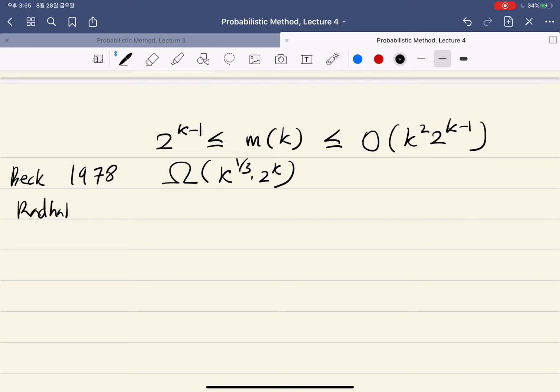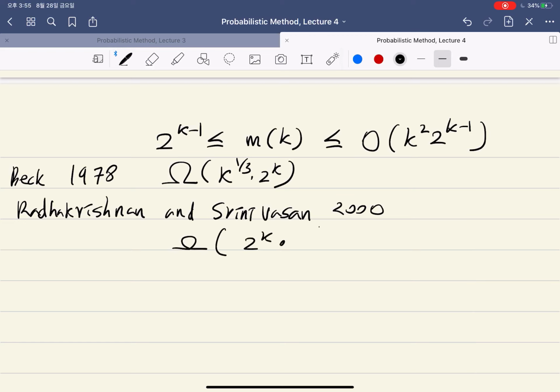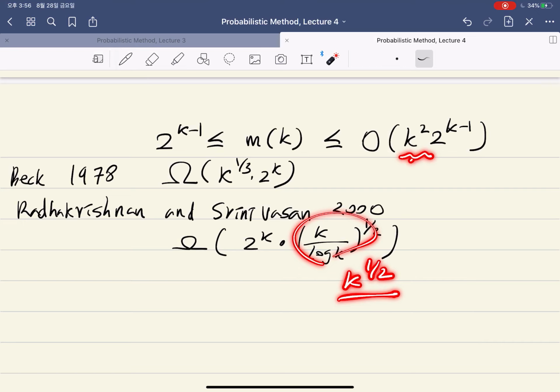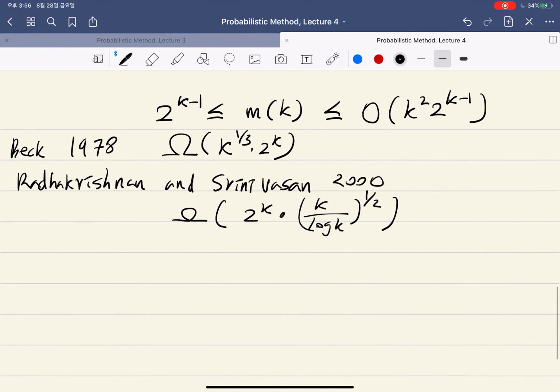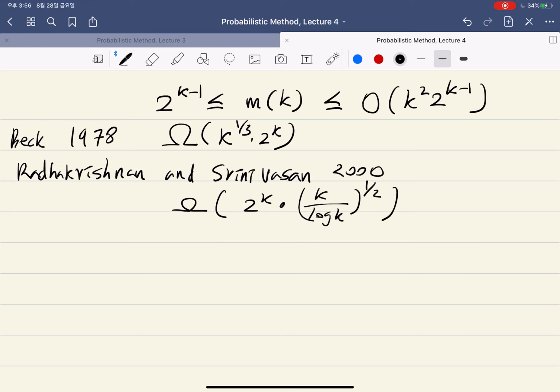And later Radhakrishnan and Srinivasan, 2000, further improved this to 2 to the K times (K over log K) to the half. So roughly, log is smaller than K, so this is roughly K to the 1/2, and the upper bound is roughly K to the 2. So there is still some gap. And now we want to show this lower bound.